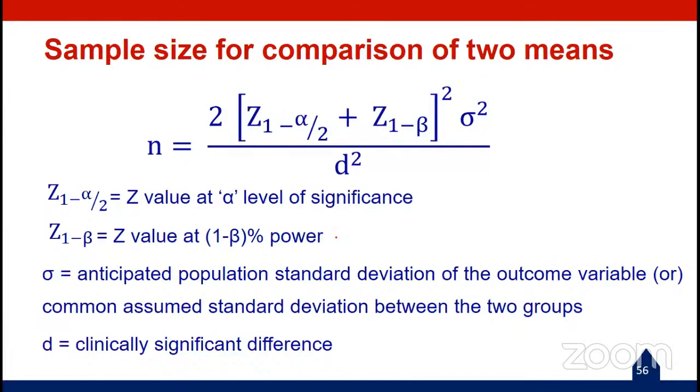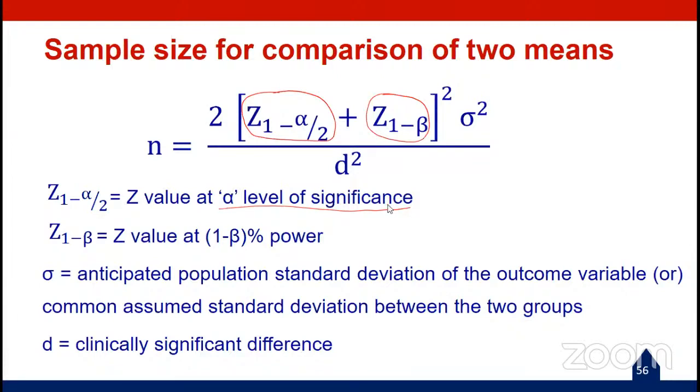Okay, see here we get one additional component. Previously we had only this Z value at particular level of confidence, whereas here we call it as Z value at alpha level of significance. In the previous examples, we used confidence levels, so we did not use the term level of significance.